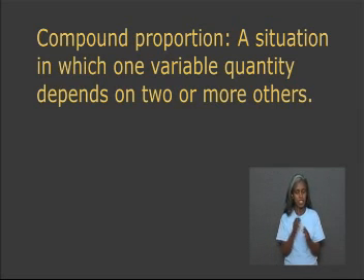Specifically, if a variable quantity is proportional to the product of two or more variable quantities, we say that it is jointly proportional to these variable quantities.